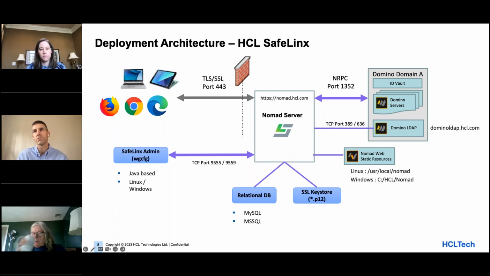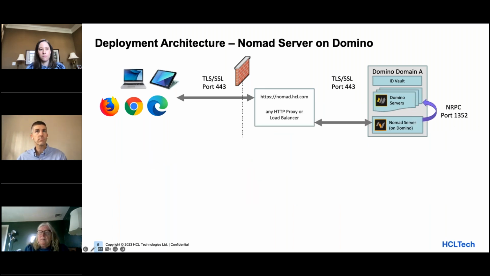When it's talking to the Domino servers for regular stuff, it's mostly using NRPC over 1352, but it's also doing the LDAP lookups, and that's an additional port. But if you look at this, a lot of these things are going to disappear when I go to the next screen.